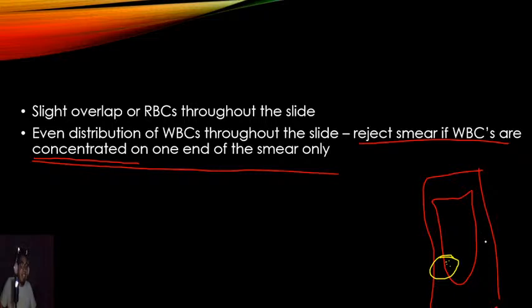And on this side, you're seeing only RBCs and maybe one WBC. And when you look at the patient result in the computer, you see that okay, the hemoglobin is normal, the WBC is normal, but when you look at the slide, there's something off with it.